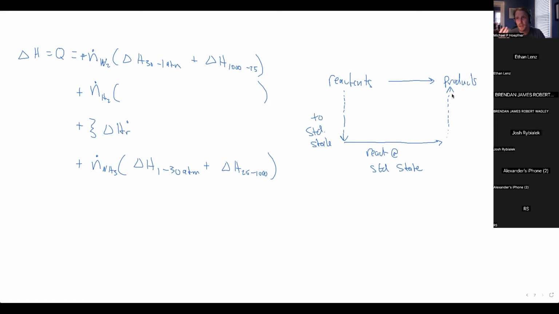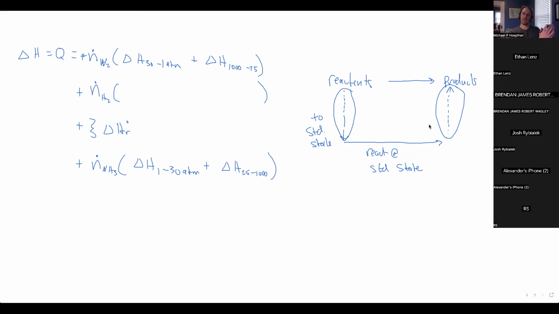So how the heat of reaction changes as a function of temperature is the difference between heating and cooling the reactants and heating and cooling the products. If one of these takes more or less energy, then the delta H of reaction changes as the temperature changes. That's again the same exact analogy as the heat of vaporization.